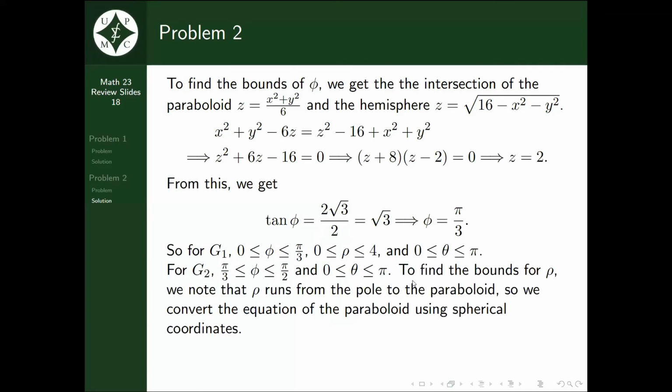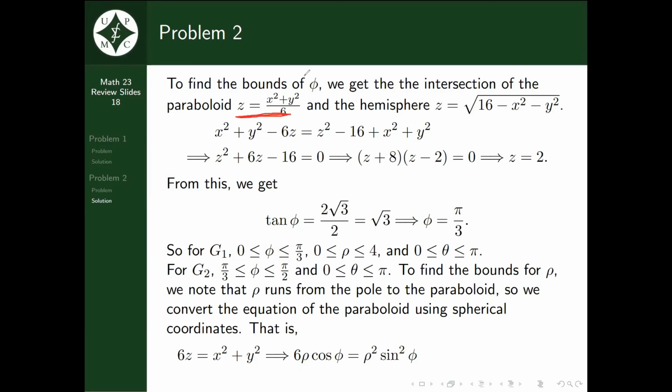So what about the rho boundary? To find the bounds for rho, we note that rho runs from the pole to the paraboloid. So the upper bound is just a paraboloid. But we don't know what the equation of a paraboloid is in spherical coordinates, so we still have to solve for it. If we multiply both sides of this equation over here by 6, we'll get this equation.